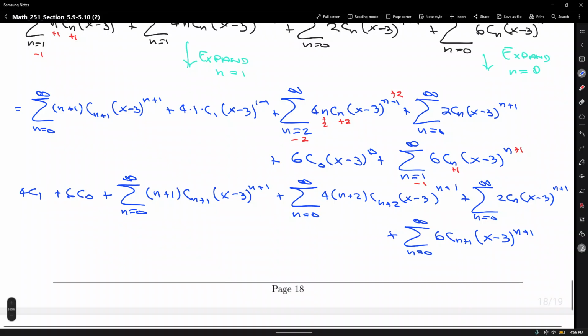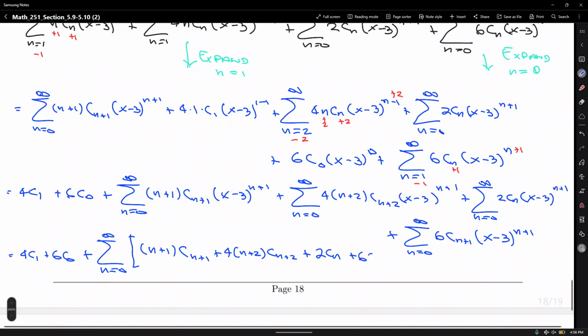Can we merge them together? Okay, go for it. So that'll be equal to 4c1 plus 6c0 plus sigma n equals 0 to infinity of n plus 1 c sub n plus 1, plus 4n plus 2 c sub n plus 2, plus 2c sub n, plus 6c sub n plus 1. Everything times x to the n plus 1.